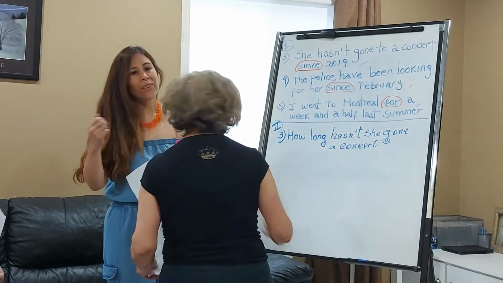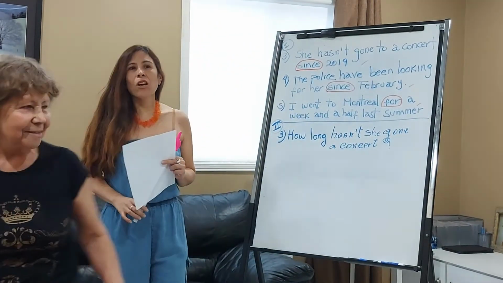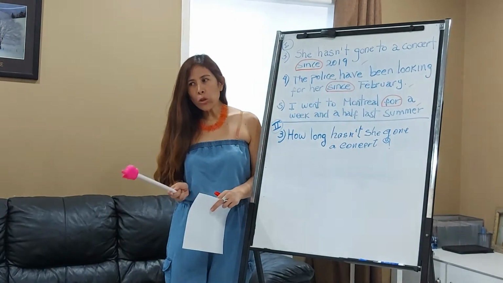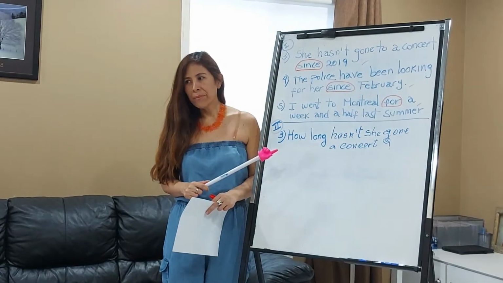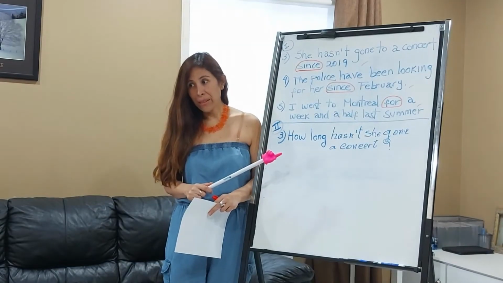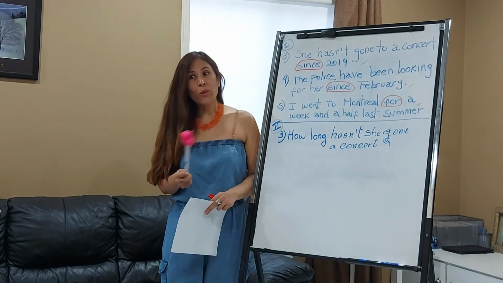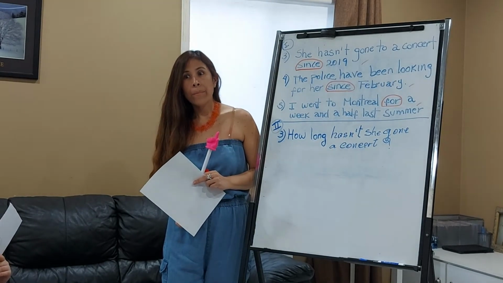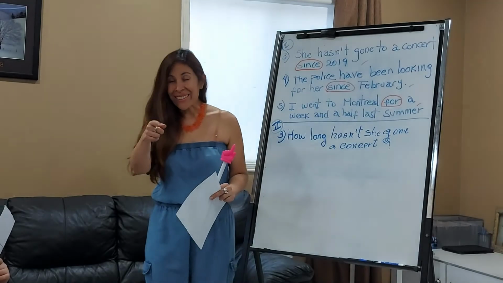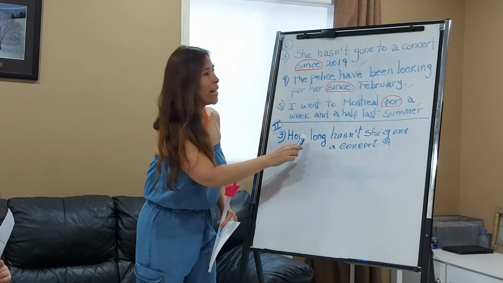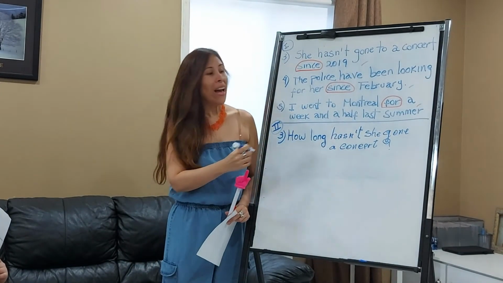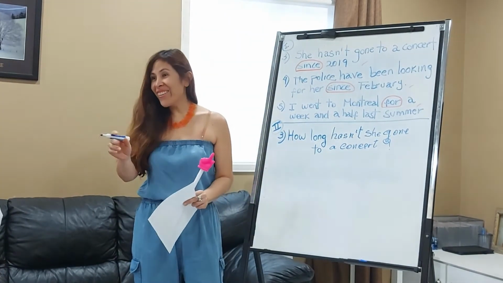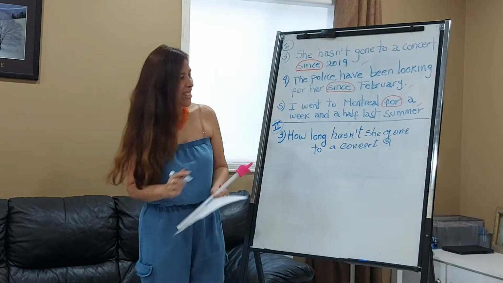Okay. Perfect. Could you please sit? So now, how long hasn't she gone a concert? Are you sure it's correct, Maddie? It's correct? What do you think, Brooklyn? Is there something missing? She missed the "to" before the "a concert." That's right. How long hasn't she gone to a concert. Okay, Maddie, to a concert. Now you know for next time, okay?